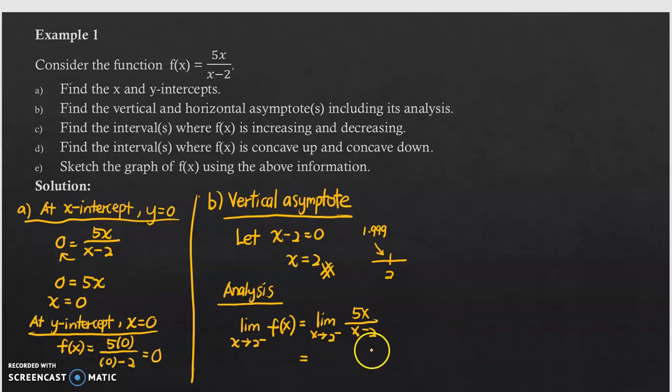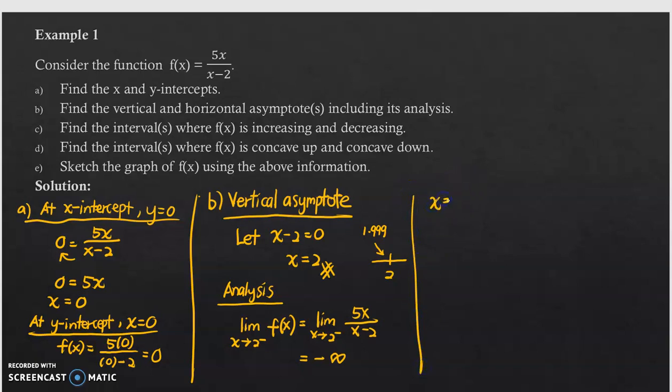If I substitute 1.99 into x, into 5x over x minus 2, the value is negative 9,995. So we can assume that this is negative infinity. Let me show you an example of how we substitute.